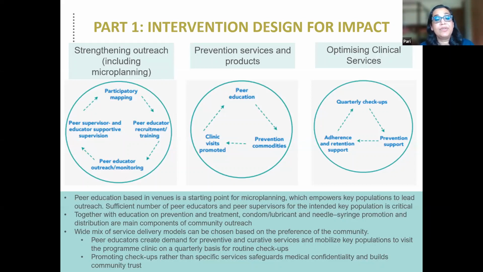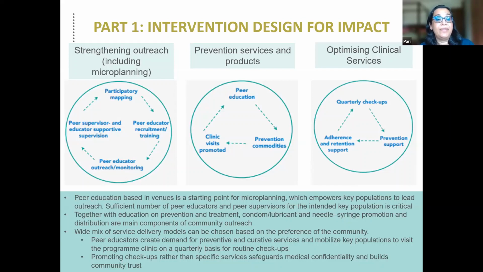A wide mix of service delivery models can be chosen based on preference of the community. Peer educators create demand for preventive and curative services at the community level and mobilize key populations to visit the program clinic for routine checkups. Regular medical checkups, where a wide range of clinical services are offered, are promoted for all key populations regardless of their HIV status, maintaining confidentiality and building trust.